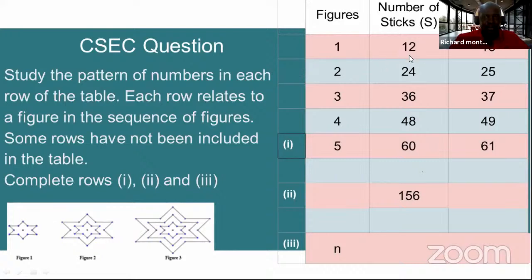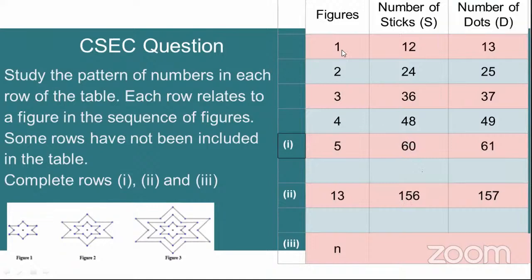All we would have to do is divide by 12 in order to get our 13, and then just add 1 to our 156 to get our 157. Great going. And I'm seeing Damani working out figure 6 for us. He's saying that he has 72 sticks and 73 dots.